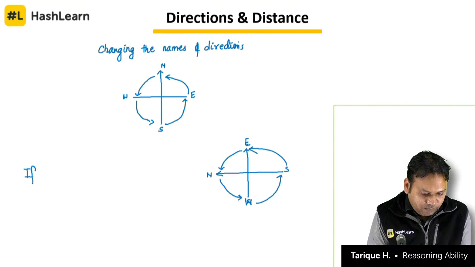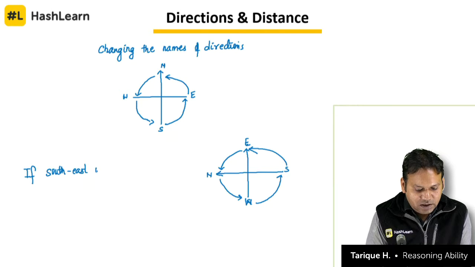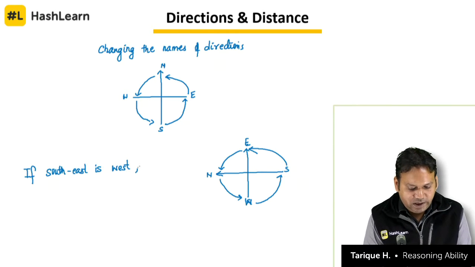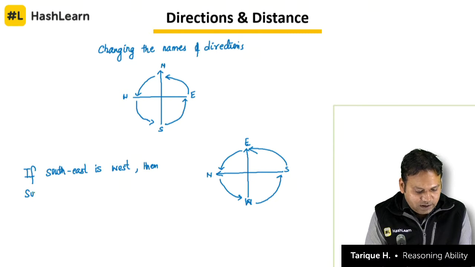So let's say, for example, if southeast is west, then sun will rise in which direction?